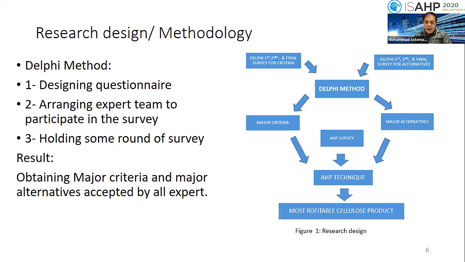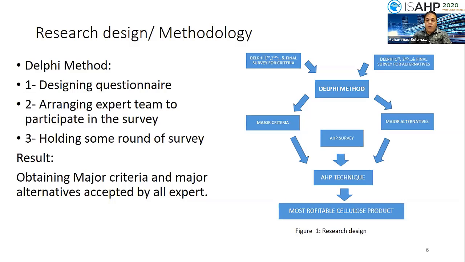As you see, we designed a very simple and practical framework to ensure the right decision making for paper field investors. We utilize two essential methods which guide us to our goal. In the Delphi method, as we know, some obvious criteria are put in our surveys as general criteria and input data, and after some rounds of survey, we obtain major criteria as the output of the Delphi method, which are approved by all experts who participate in the survey.